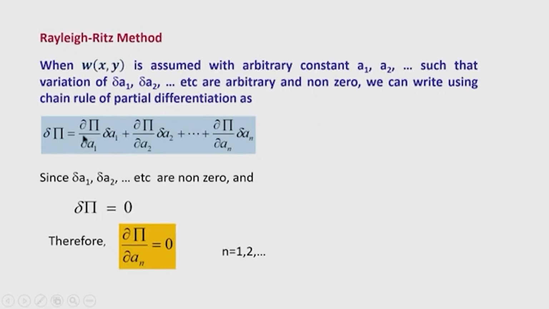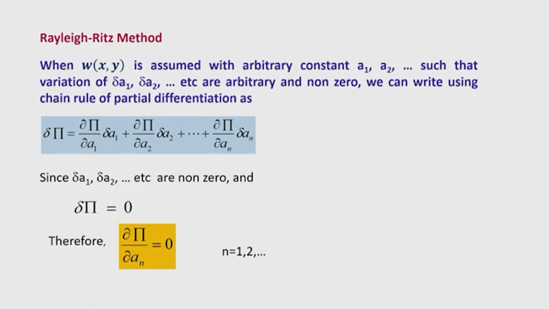So, using the chain rule of partial differentiation, we can now express delta pi equal to del pi by del a 1 into delta a 1 plus del pi by del a 2 into delta a 2 plus, like that it will go up to nth term. Mind that del pi by del a 1 is the partial differentiation, but delta pi is the variational quantity. Now, delta a 1, delta a 2 etcetera are arbitrary and non-zero constants.